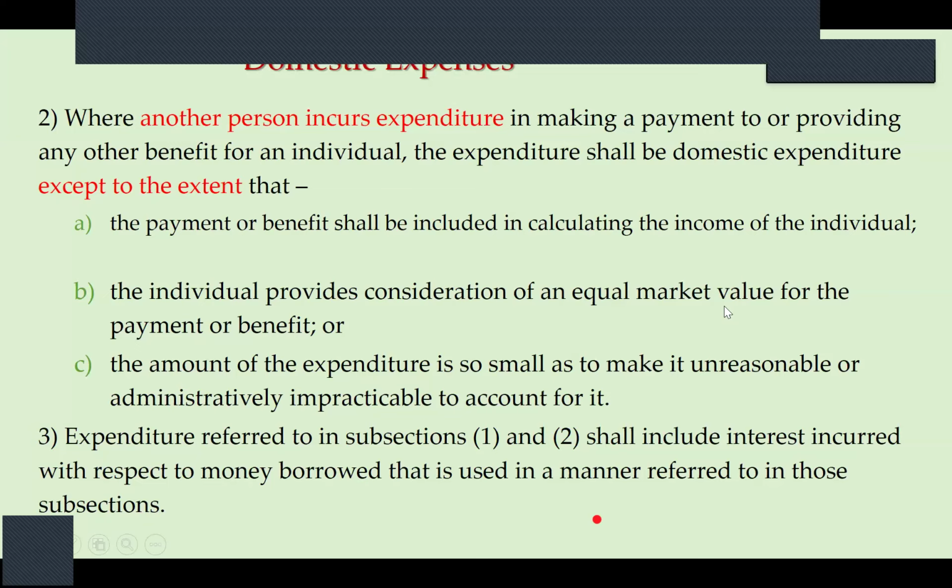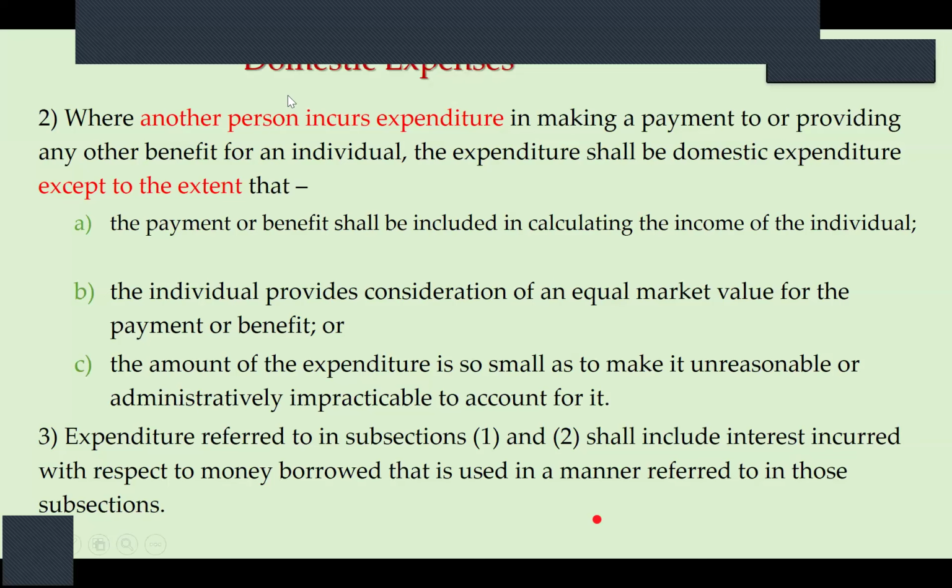That means the market value of that benefit will be given to the employer or any other person. Then that person can deduct it as a deductible expenditure. Otherwise, the person cannot deduct it.